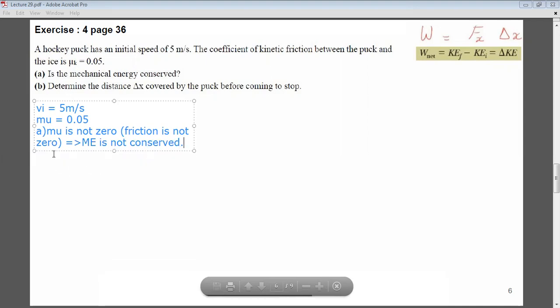Part B. Determine the distance delta x covered by the puck before coming to a stop. What does it mean to stop? It means v final is equal to 0. Okay, so here I have friction, I have the initial, I have the final, and I want to calculate delta x.